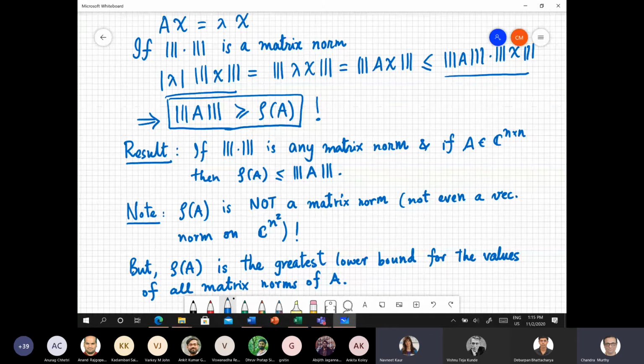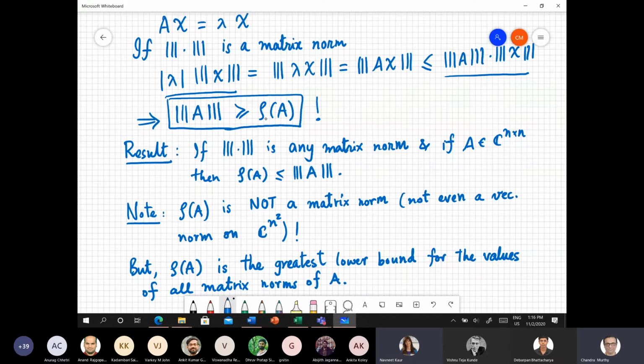So we just discussed that norm of A is greater than or equal to rho of A. So pick any norm. The value of that norm of A is going to be at least equal to rho of A. So I found one lower bound on norm of A. You can ask, can I come up with a bigger lower bound on norm of A?